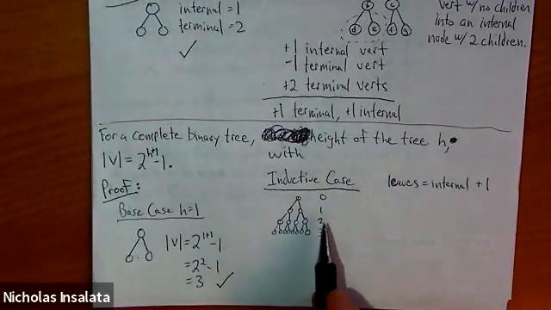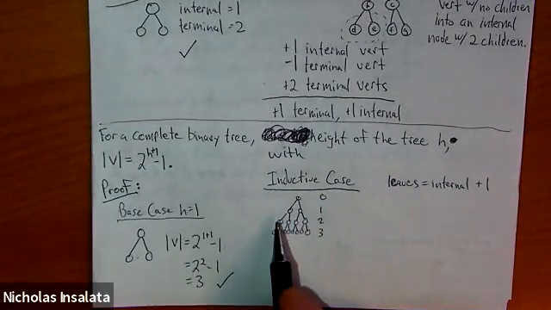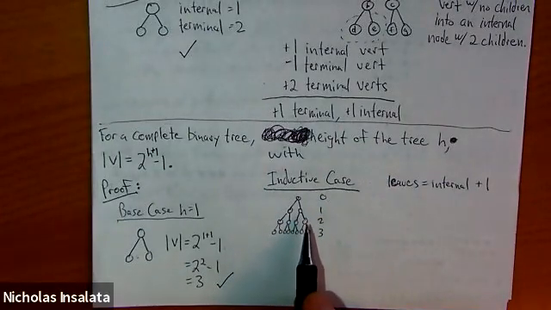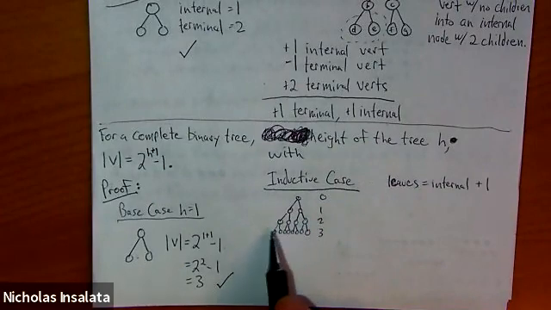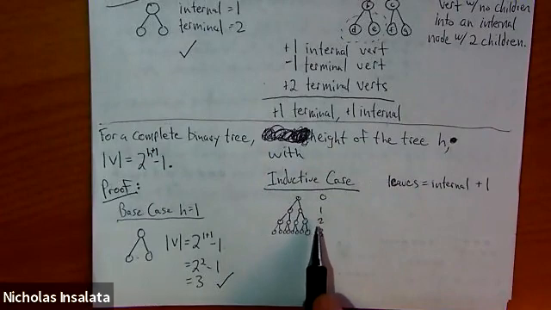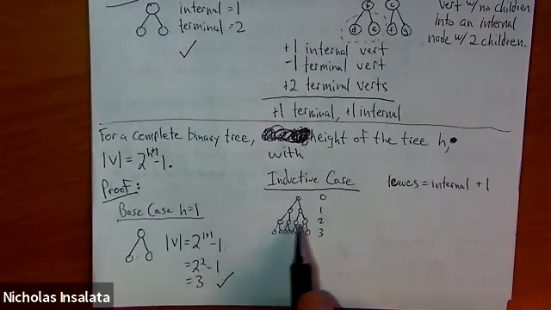So let me number these. On level 2, we've got 4 nodes, right? Which means on level 3, if each of these 4 has 2 children, it'll be 2 times the number of nodes on level 2, which is 2 times 4 equals 8 nodes in level 3.